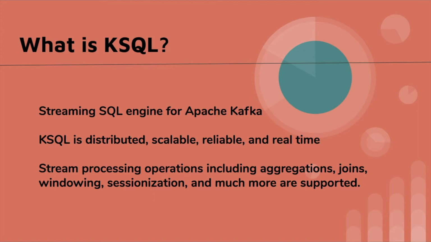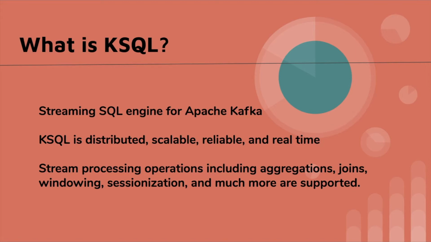If you want to do any sort of transformations like filters, joins, or aggregations on those streams, that is called stream processing. In Kafka, we have two options: the Kafka Streams API or KSQL for stream processing.